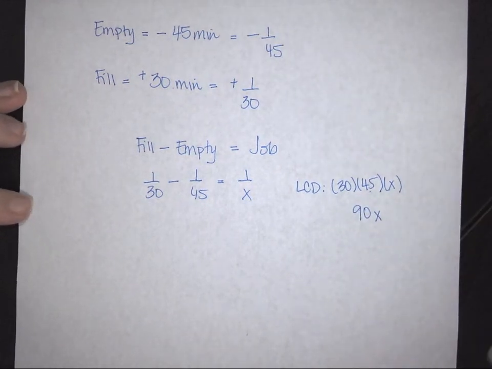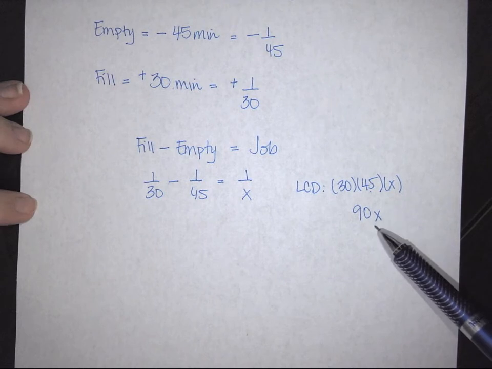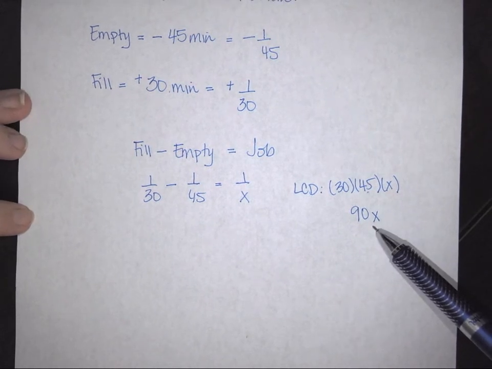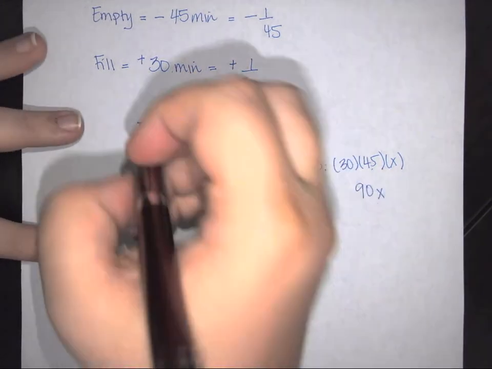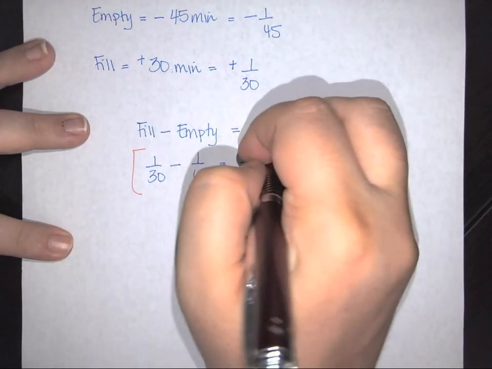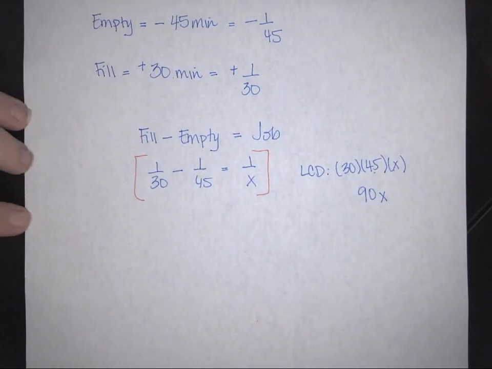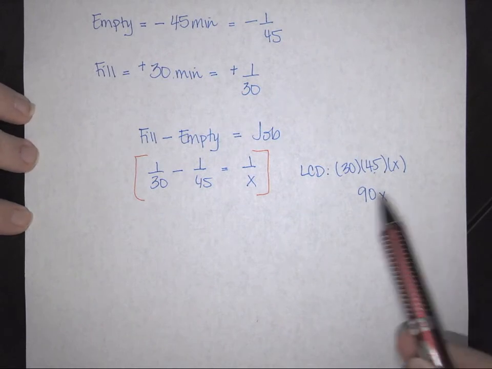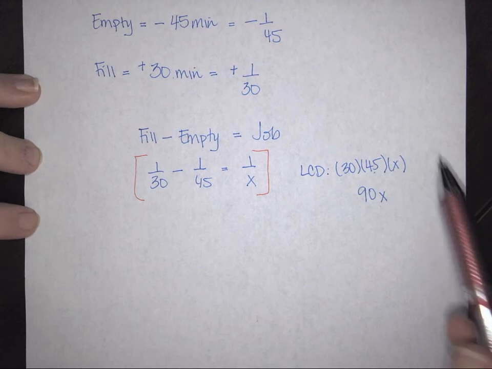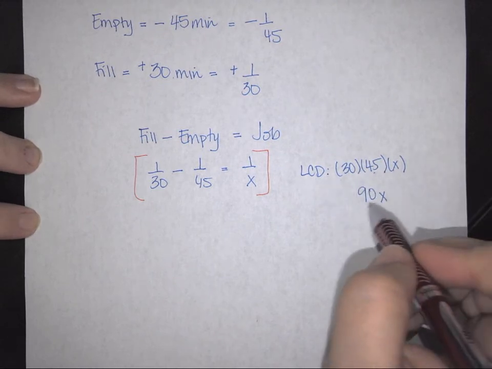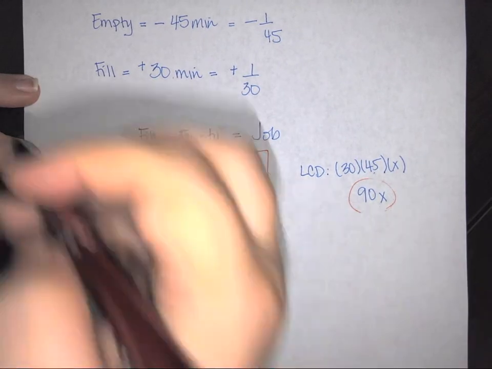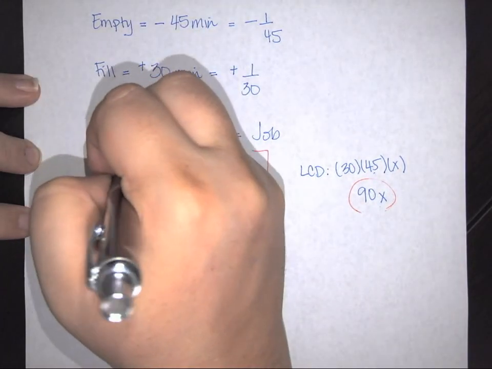So either way you choose to use your common denominator is perfectly fine. Both of them would work. We have to be able to multiply by that common denominator. Okay. So let's say, since the last example we used a common denominator in this fashion, in this example let's go ahead and use this one. So let's multiply this by 90x.